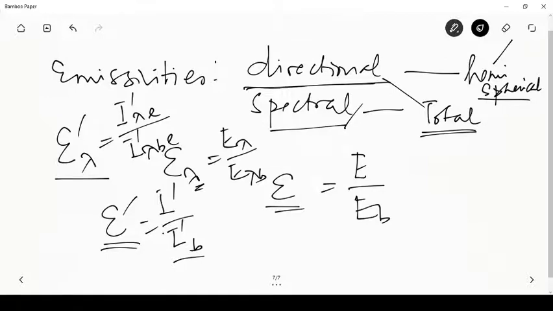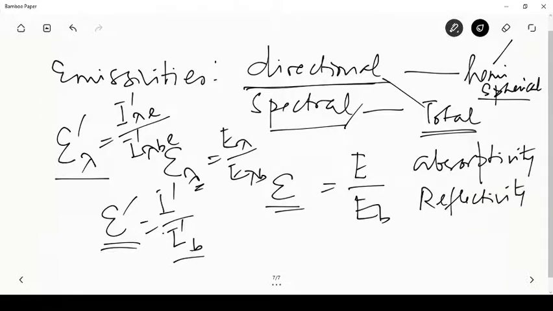In the same way, you can define absorptivity, then you can have reflectivity, transmissivity, and so on. All of these quantities are related to radiation.